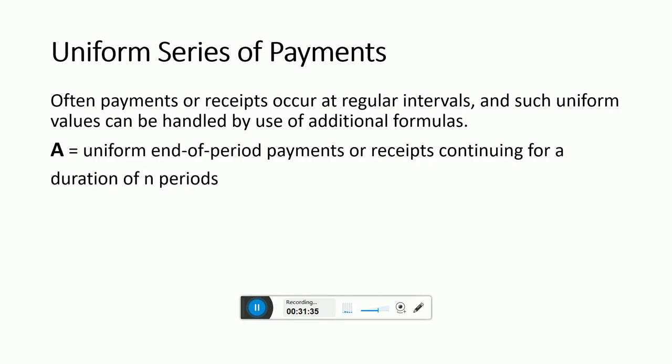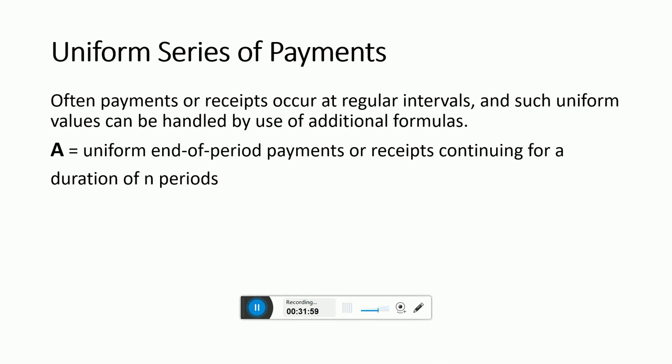So let's first introduce another symbol, which is A. Previously we have introduced four symbols, which were P, F, I, and N. So now another symbol, which is known as A, is uniform end of period payments or receipts continuing for a duration of n periods.